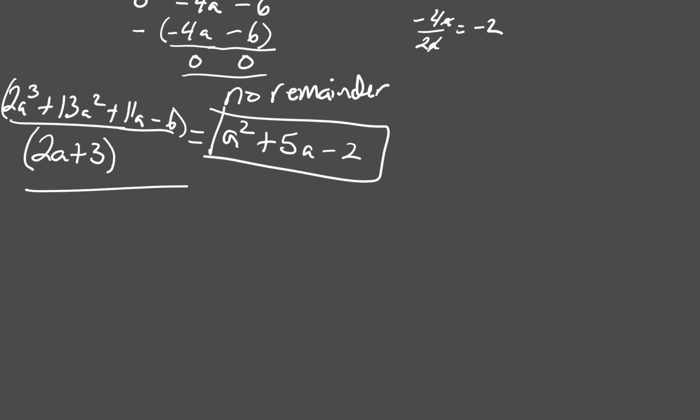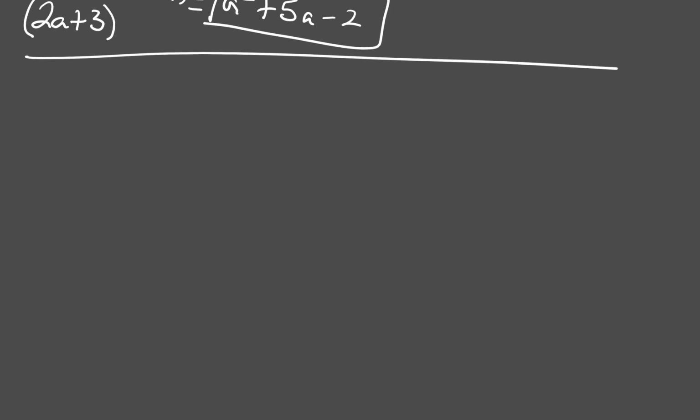Okay, let's see another one. There's some issues with this where maybe a term is missing, but let's do a smaller one here. Let's do x squared minus 10x plus 21.